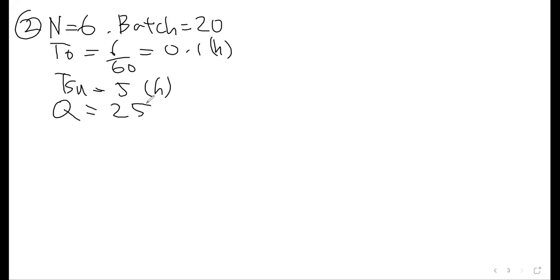So Q is 25. And then average non-operation time, TNO, is 10 hours.